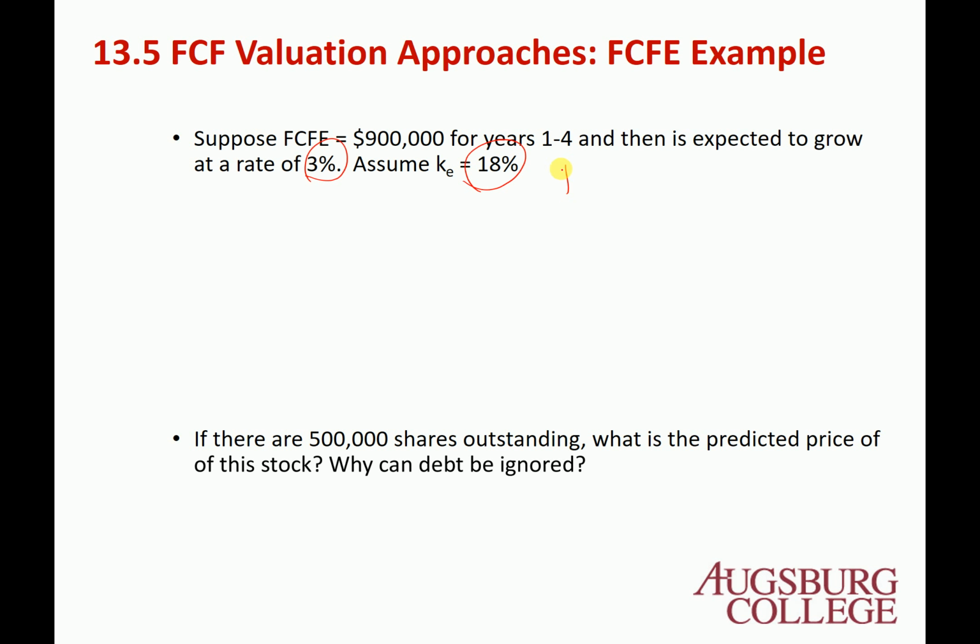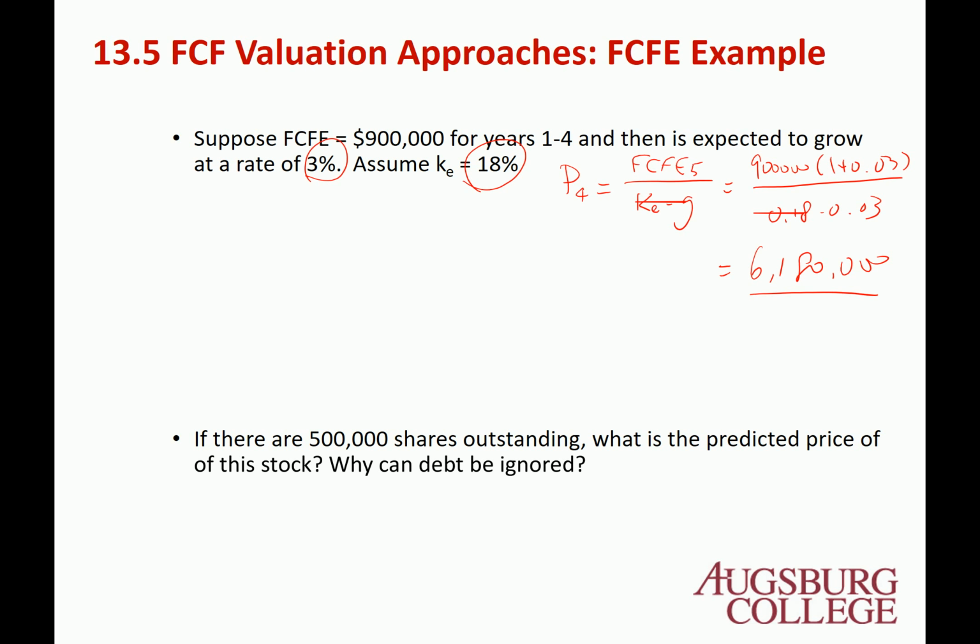You can have P4 equal to the equity value at year 4, which is free cash flow to equity holders 5 divided by KE minus G. This should be 900,000 times 1 plus 3% divided by 18% minus 3%. If you calculate this, you're going to get 6,180,000. That's the market value of the equity.